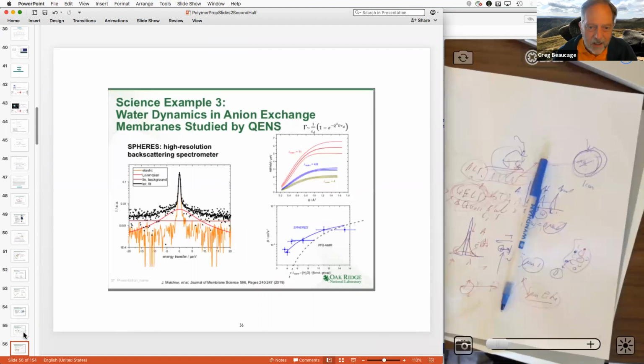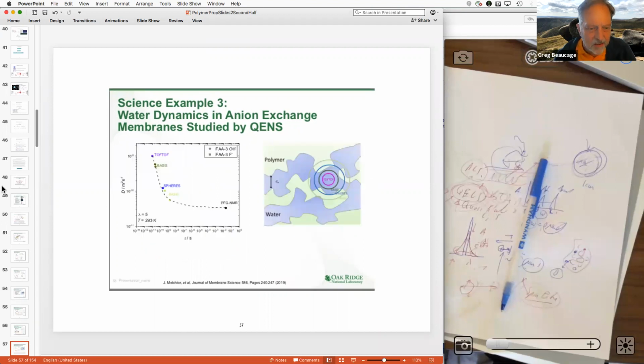This shows a material they've actually looked at, because it's important for water purification. They've looked at it on 6 different instruments, all at the SNS at Oak Ridge, and they can get these diffusion coefficients at different size scales, or different relaxation times. So how does the diffusion coefficient change for this material?